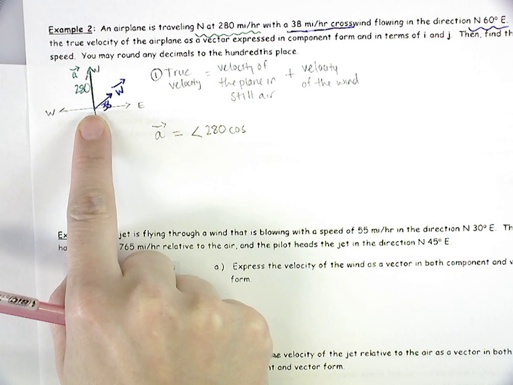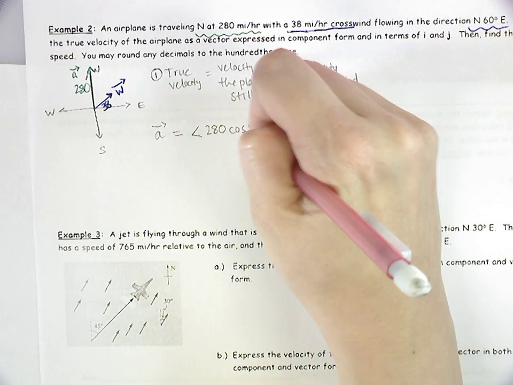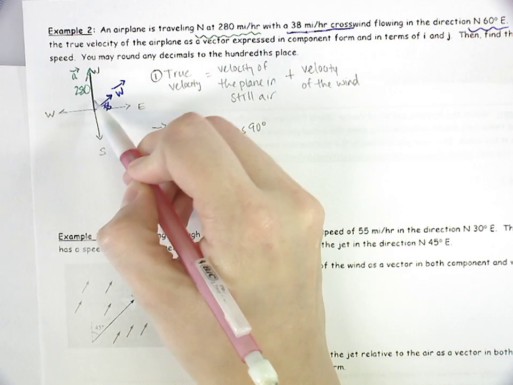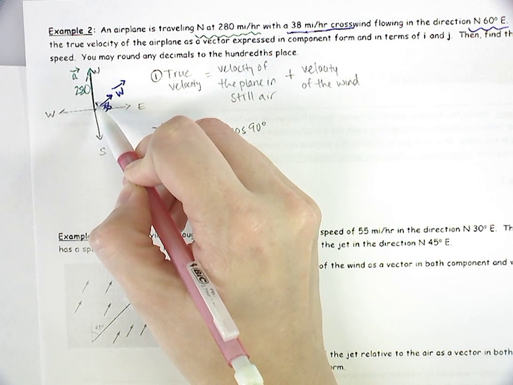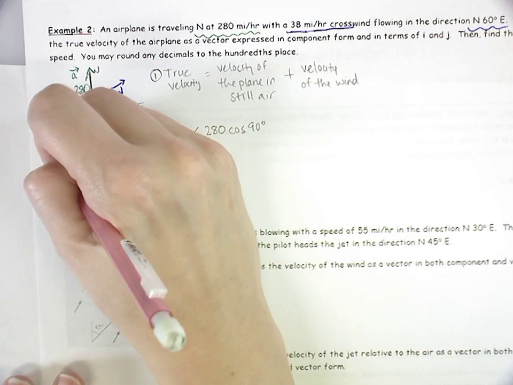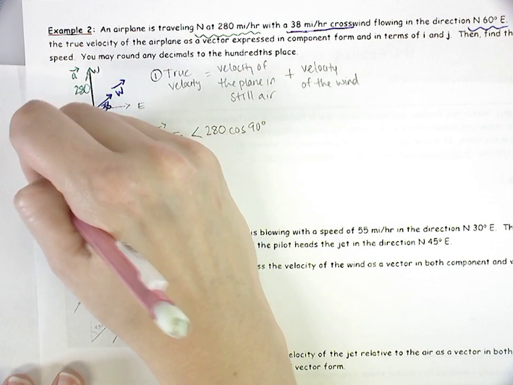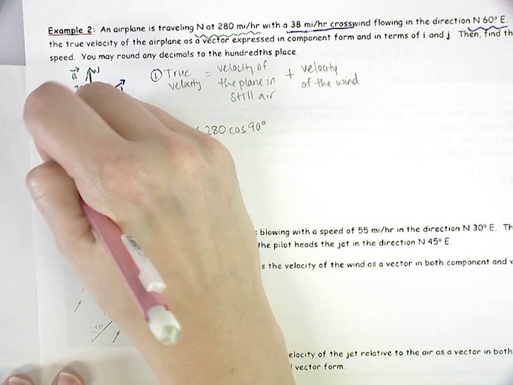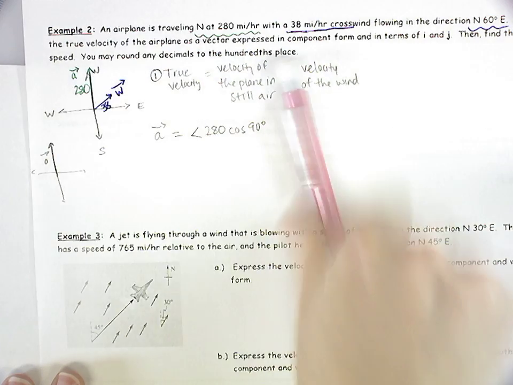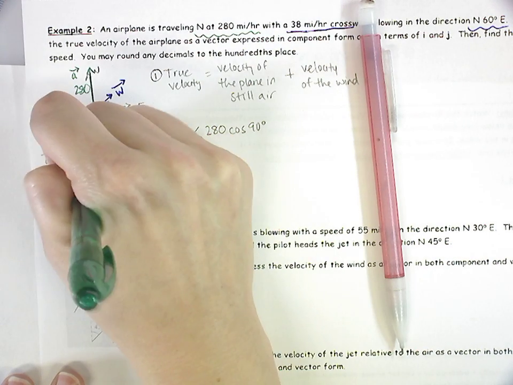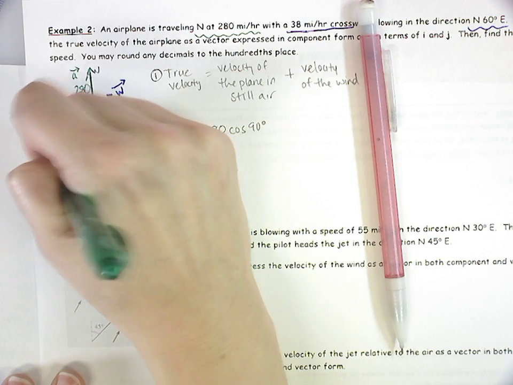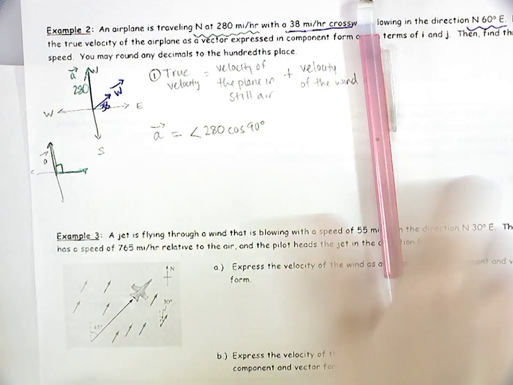Good. How do you know? If it's going north, this is our angle. You start at 0 and go up to my airplane vector, so this is going to be a 90-degree angle.